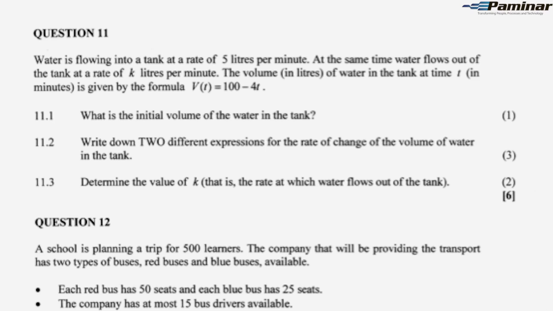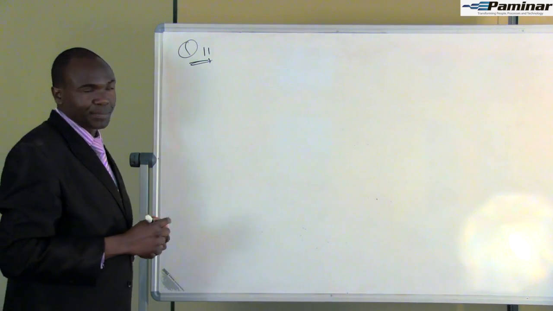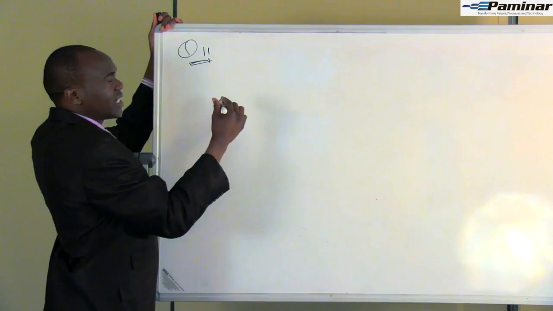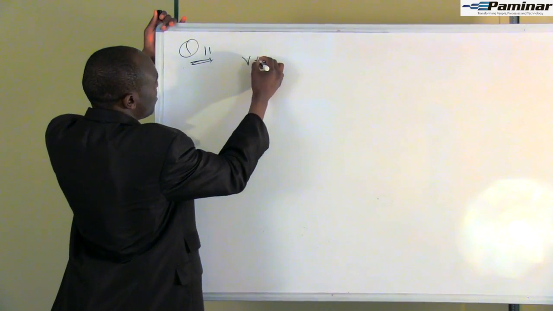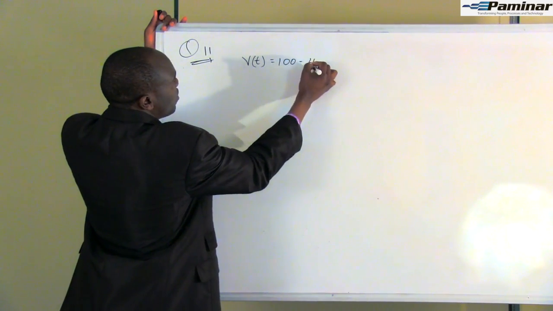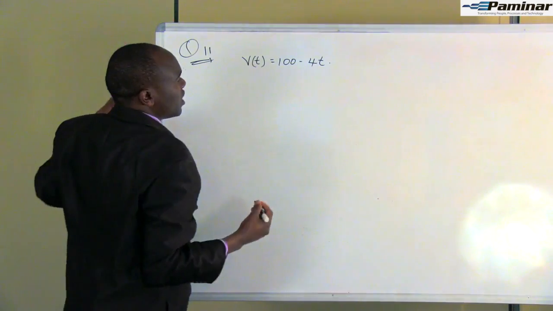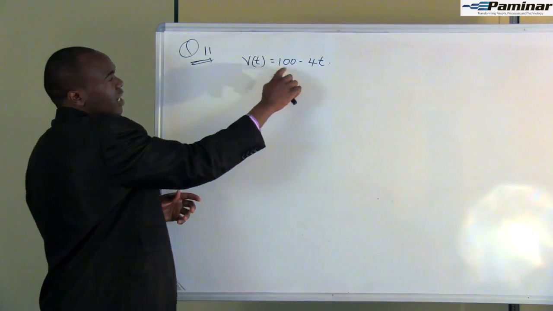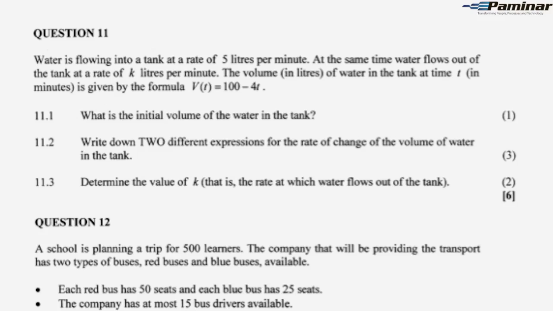The volume in liters of water in the tank at time t in minutes is given by the formula V(t) equals 100 minus 4t. That's the volume at any given time. Now the question is 11.1.